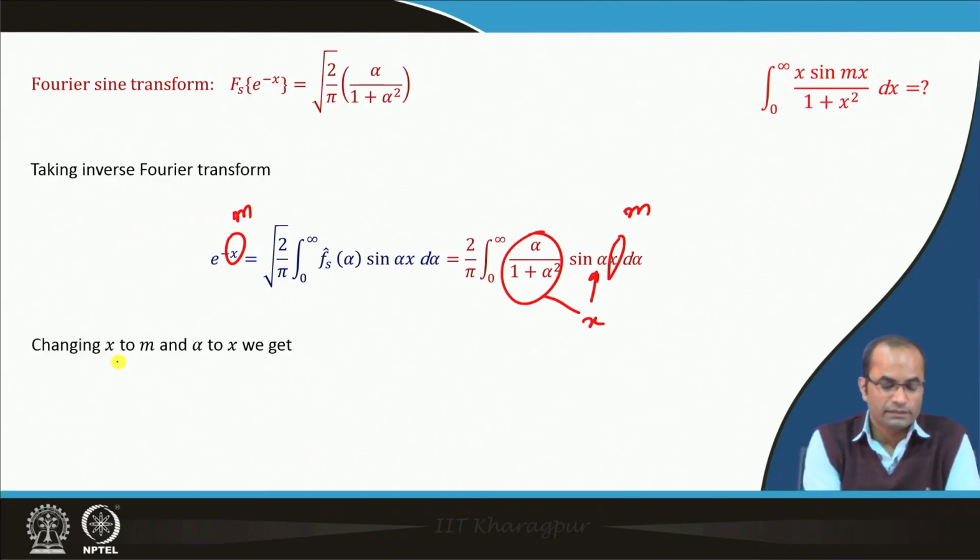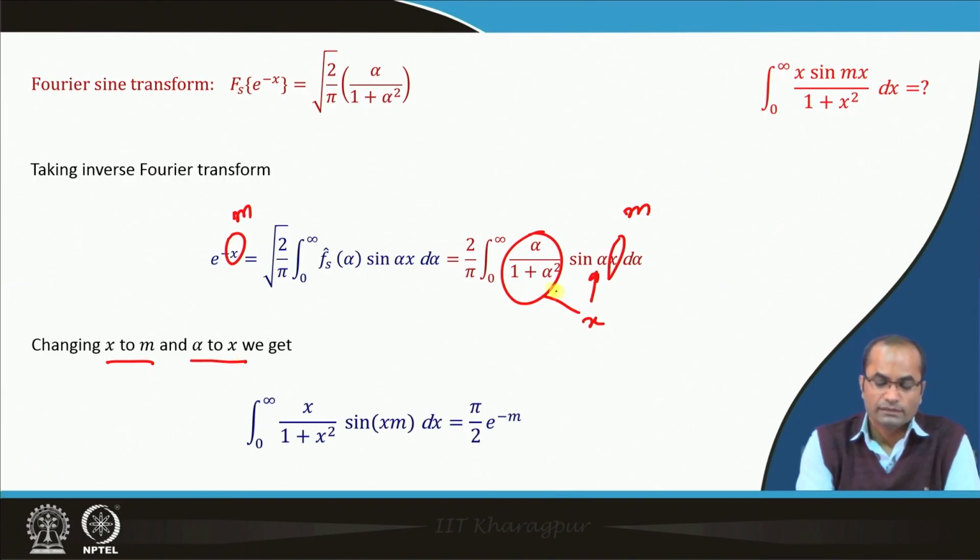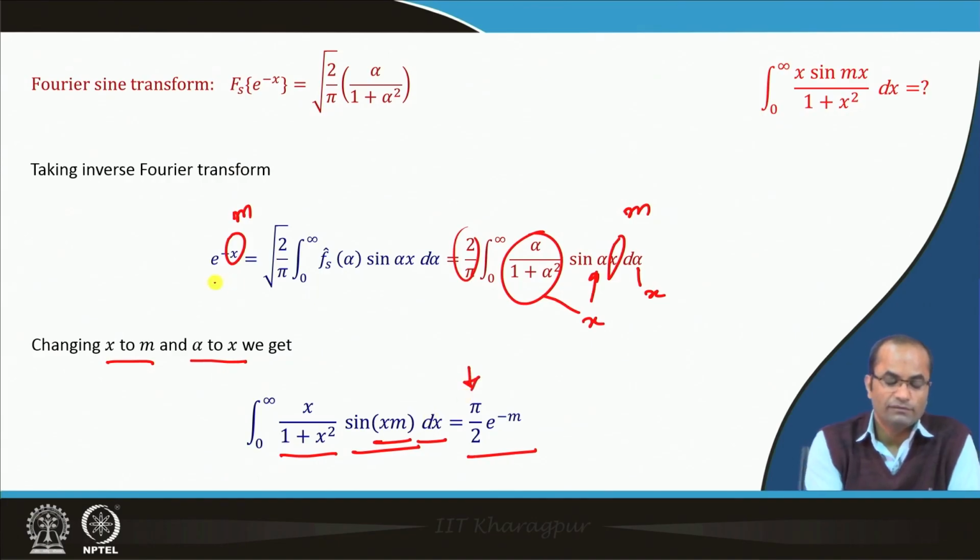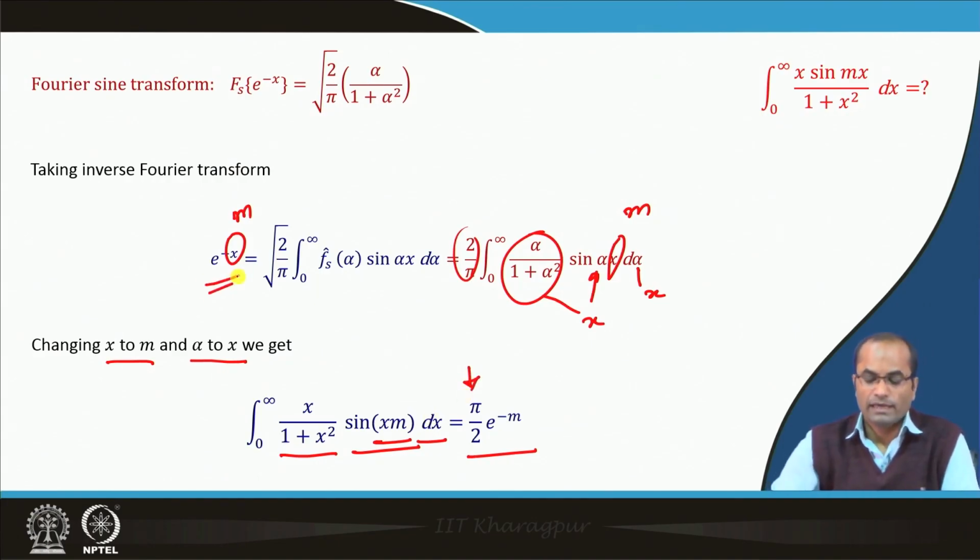So, replacing this x by m and then alpha by x, the right hand side we will have x over 1 plus x square, we have sine, and then alpha will become x and x will become m. So, mx, and then we have dx because this alpha has become now x, and the right hand side this 2 over pi can go to the other side to make it pi by 2, and we have e power minus m there.